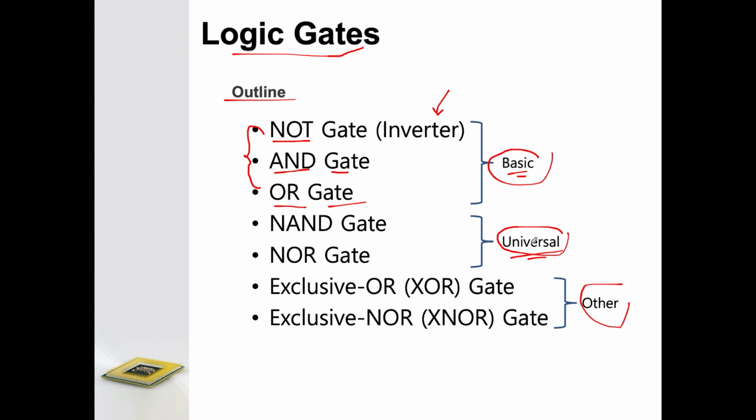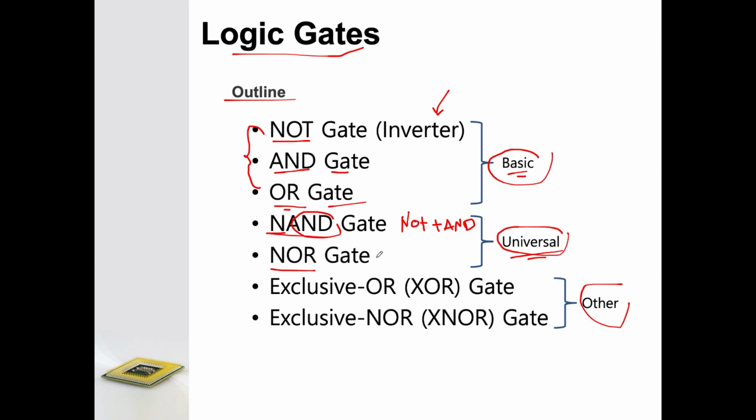What is the universal gate? It is the NAND gate. NAND gate is basically the combination of the NOT gate plus the AND gate. And then another universal gate is the NOR gate.